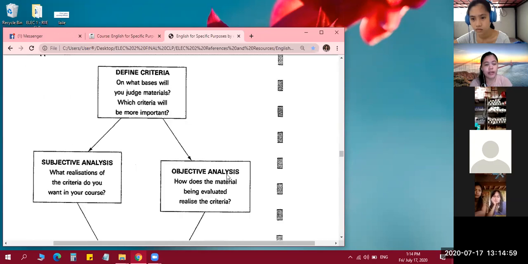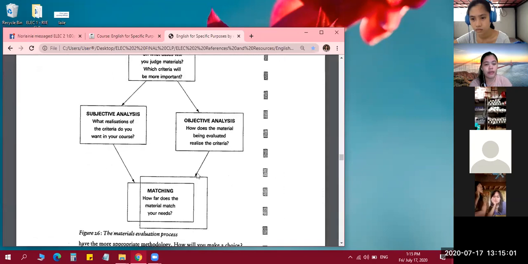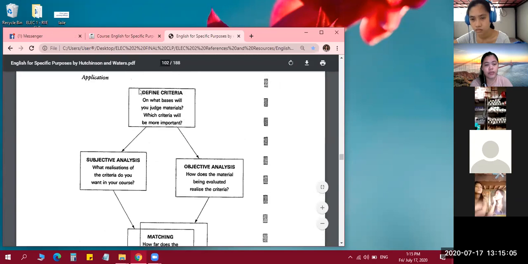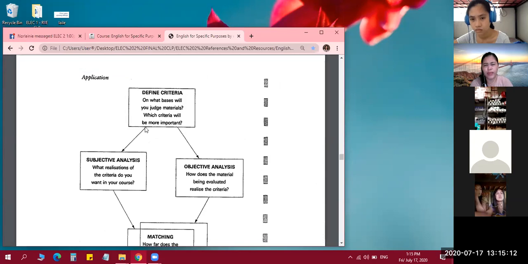So we have here the four stages in evaluating materials. First, we have to define the criteria. On what basis will you judge the materials? Is it based on the price? Is it based on the feasibility, the comprehensibility? Which criteria will be more important?